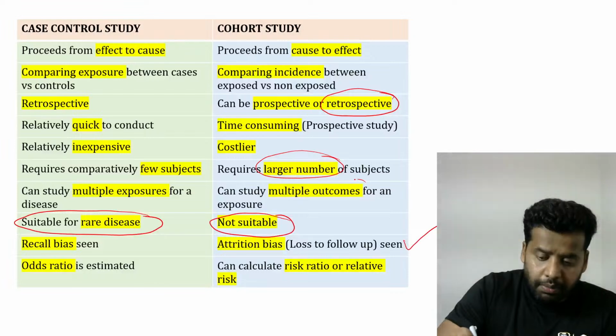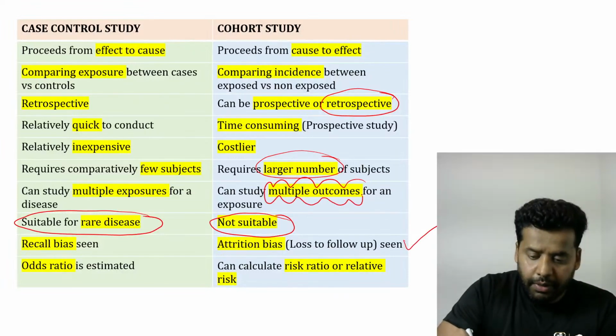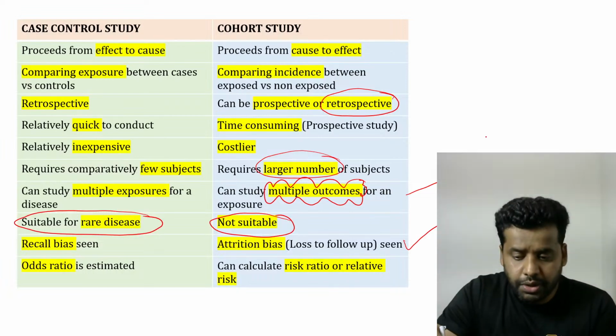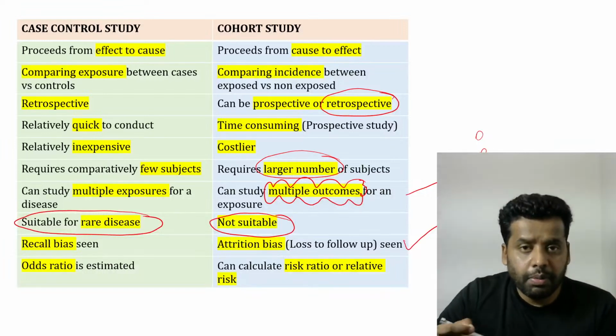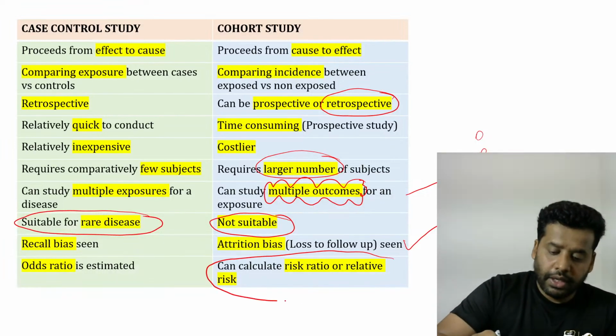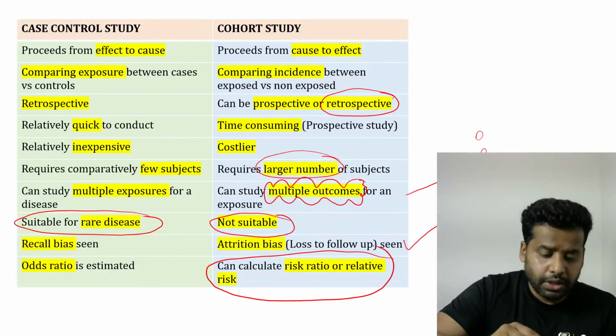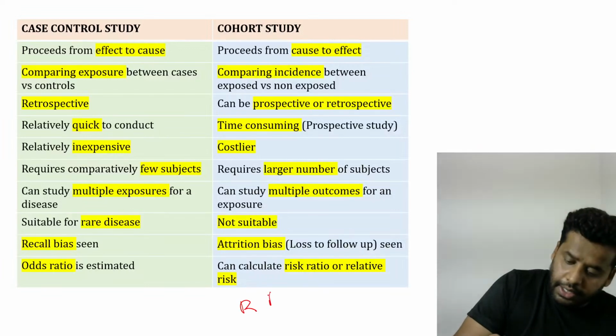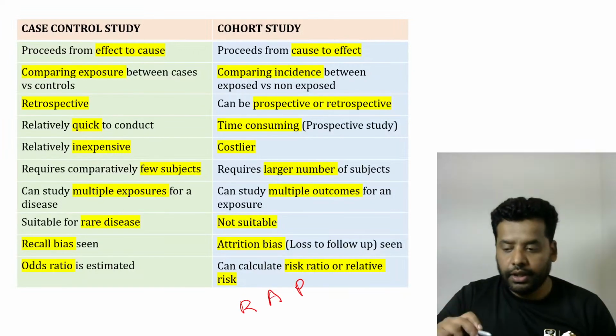Good. Multiple outcomes can be studied. Yes, because you are going in a forward direction. Starting from exposure, you can study multiple outcomes of smoking or multiple outcomes of alcohol. What we calculate is very, very important. In a cohort study, usually we calculate three things: risk ratio, attributable risk, population attributable risk.